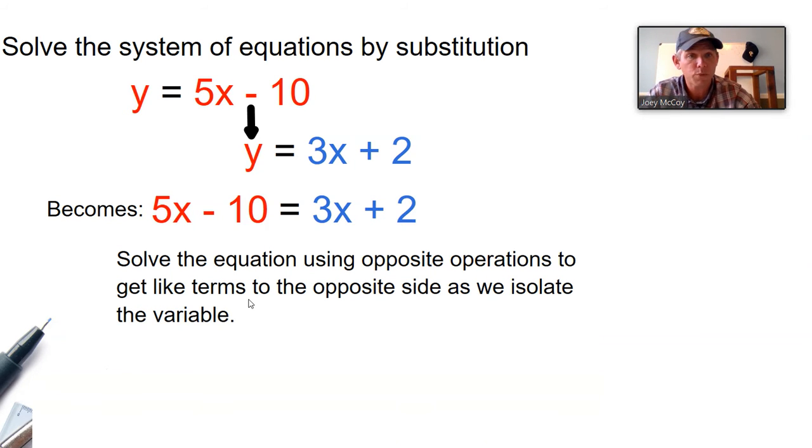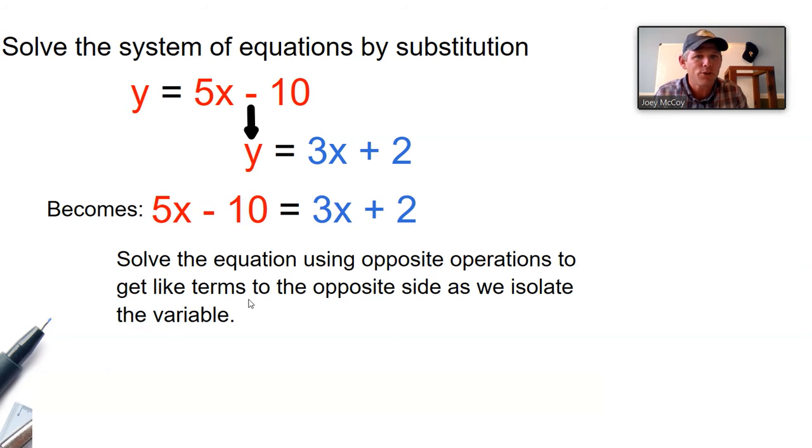Now, the great thing is, once we get past this act of substitution, we can solve the equation using opposite operations to get like terms to the opposite side as we isolate the variable. That's the step. This is what we already know. We already know how to solve equations.